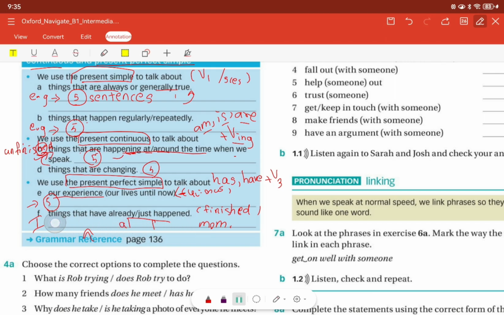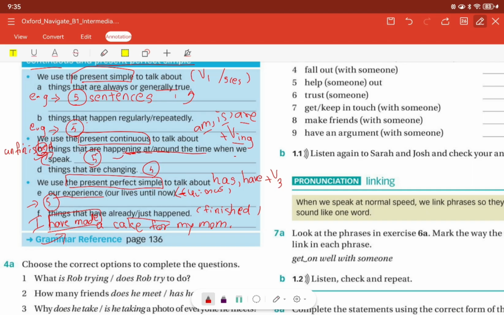But if you say, I have made a cake for my mom, that means you already finished making the cake not so long ago.